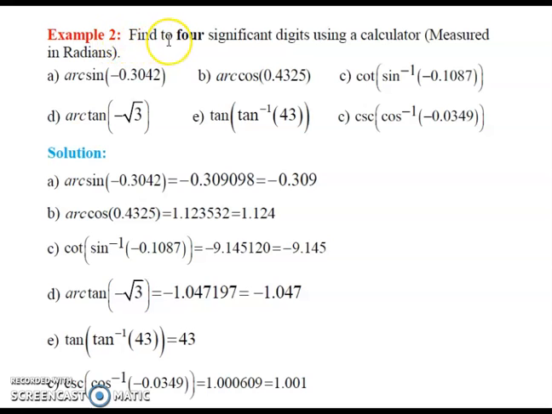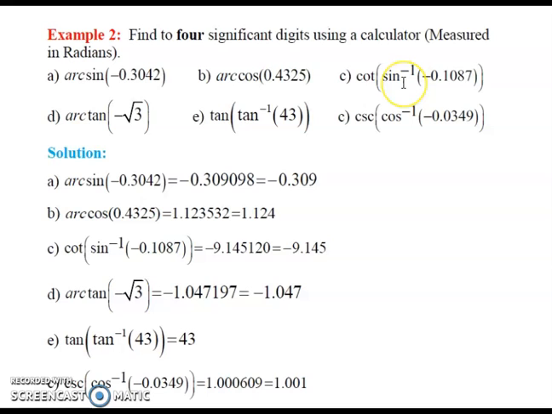Example 2. Find to 4 significant digits using a calculator. The angles are measured in radians. Arc sine of -0.3042. Arc cosine of 0.4325.